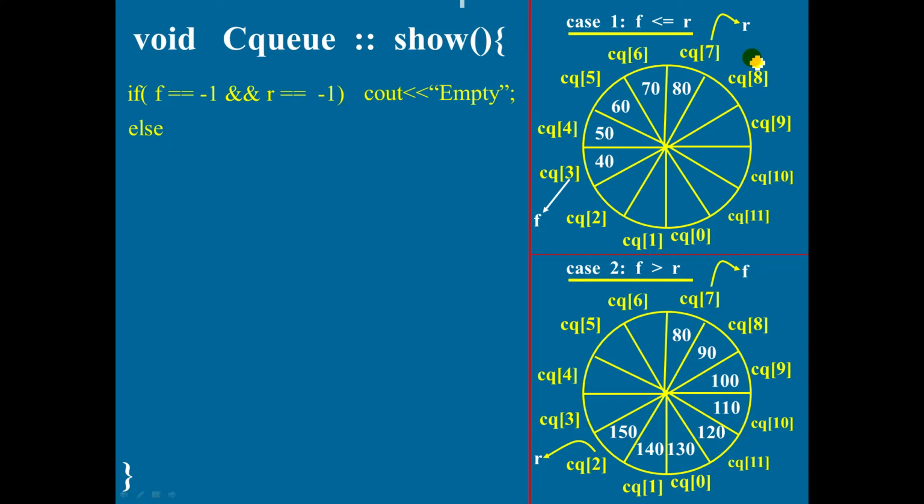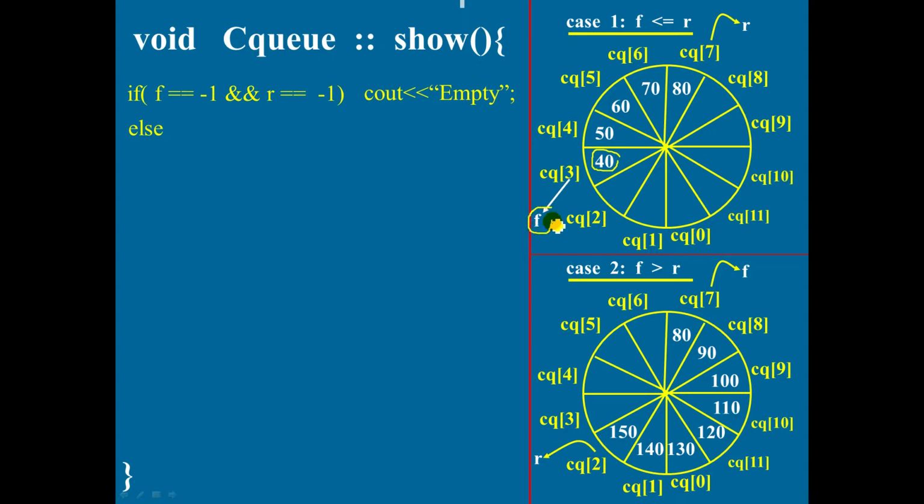Now the speciality of circular queue is visualized in the form of a circle, which means the starting point or the first element and the ending point, the last element, should be separately displayed, and only after that all the elements must be displayed. Okay, so how do you get the first element of a circular queue?